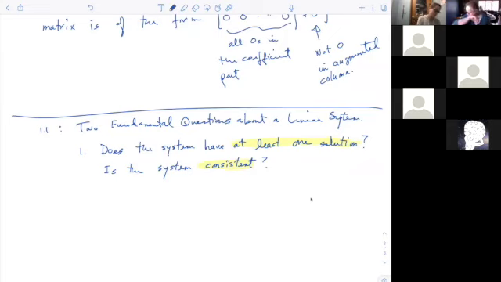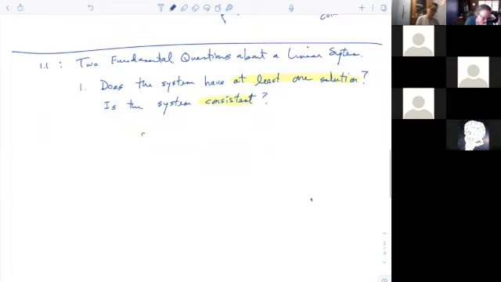So if you had something like what I was saying, then that looks like, oh, there's an infinite number of solutions. Actually, that doesn't tell you there's an infinite number of solutions.